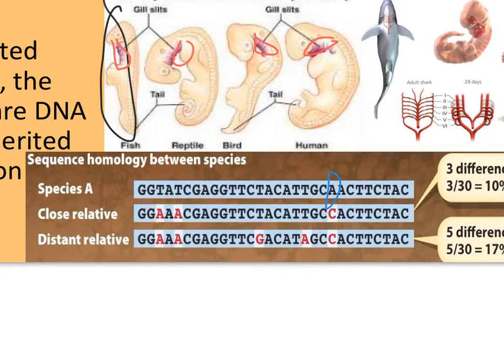But you can see that the distant relative shows 5 different changes out of 30 of these alleles. This group has 3 out of 30, that's 10%. And then species A, which is the most recent, if we're going back in time.